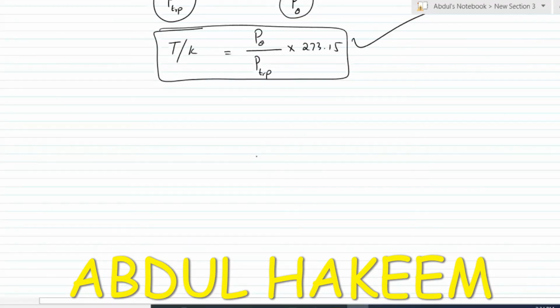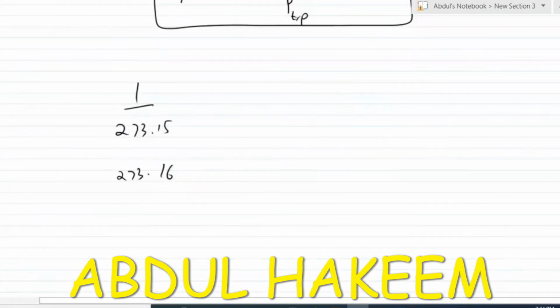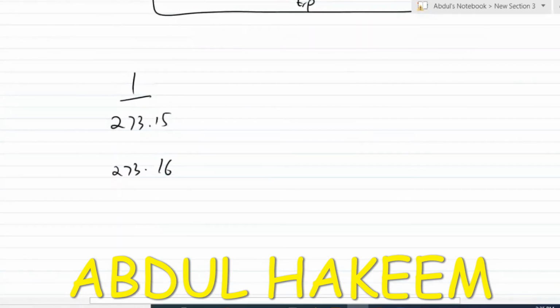Okay, now the definition of 1 Kelvin. 1 Kelvin is actually 1 divided by 273.15, or 273.16, fraction of the thermodynamic temperature of the triple point of water.